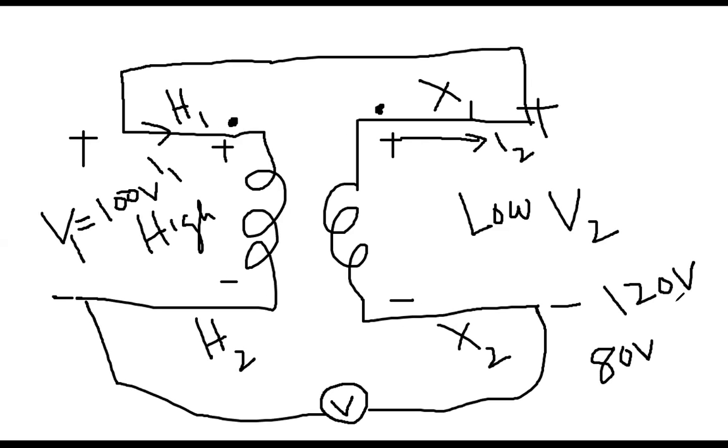So you might face two situations. Either this voltmeter will give you a lower rating than this one, or it can be a higher value than this one. So now you tell me, for example, you got the lower value than this one. Then what does that mean? Was the polarity correct?